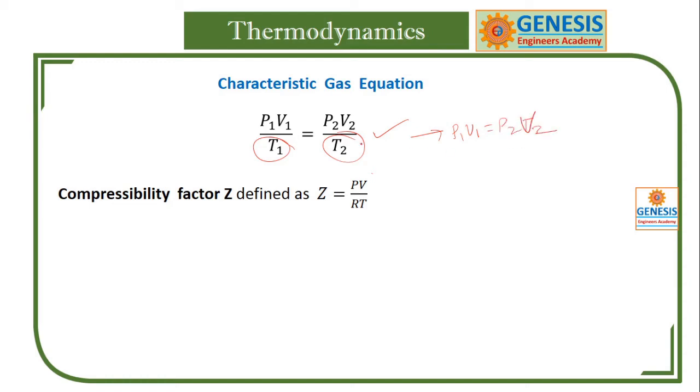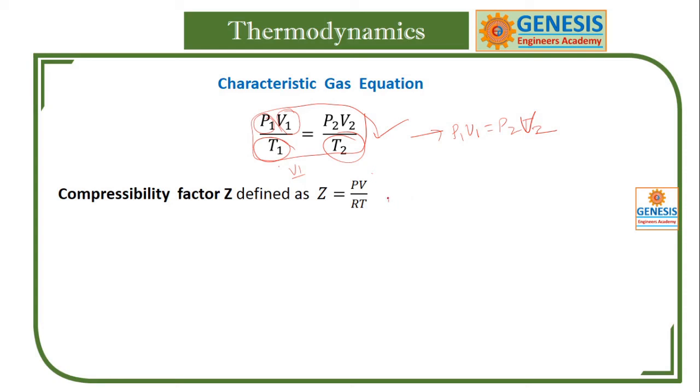Next, if volume is constant, P1 by T1 is equal to P2 by T2. If pressure is constant, V1 by T1 is equal to V2 by T2. If you are preparing for SSC, there is a descriptive paper, that is part 2, so you need to have the capacity to derive the equations sometimes.